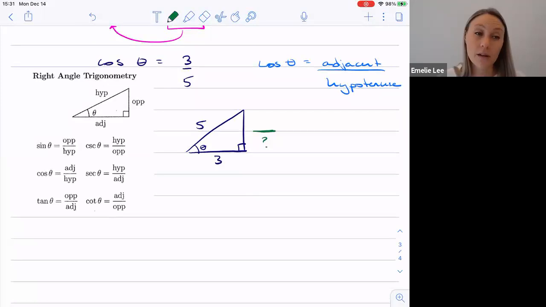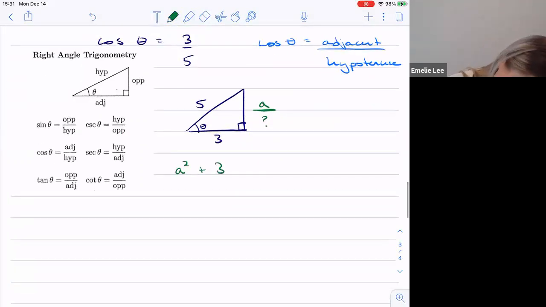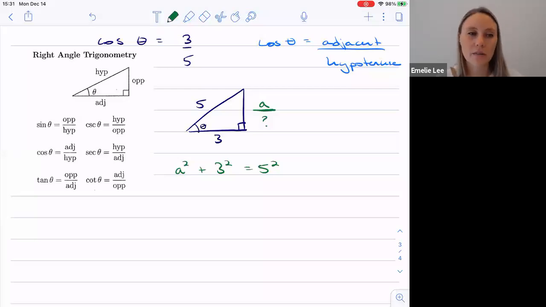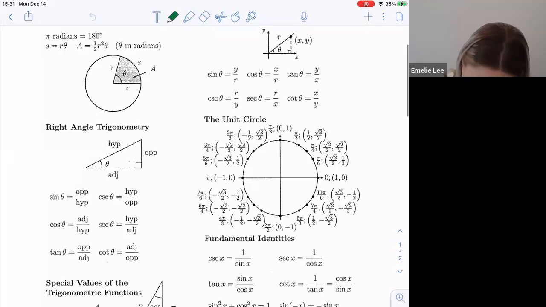But I also know if I call this a, for example, then a squared plus b squared is c squared, c being the hypotenuse. So a squared plus 3 squared is 5 squared. That's the Pythagorean theorem, and I'm hoping that's kind of familiar. I'm pretty sure it might even be on this trig formula sheet.